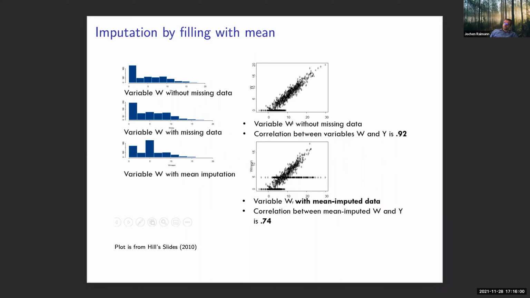So there are some simple approaches how to essentially get around it. There is one that Professor Zhang shows here, which is the imputation by filling with the mean. So basically you take a mean value for the data point and you essentially use this to impute the missing entries.